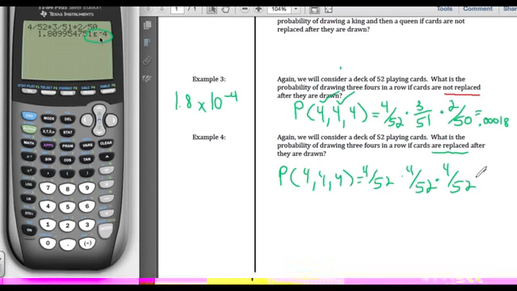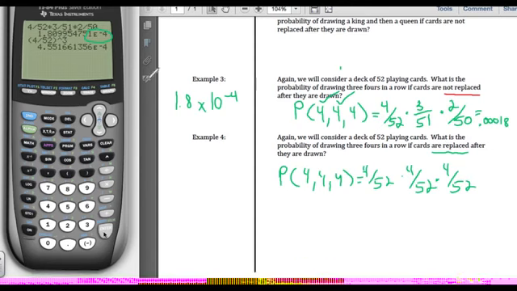You're always putting that 4 back. There are always 52 cards in the deck. There are always 4 4s. You could use this caret key. You could make this exponential in your calculator. You could say, well, this is 4 out of 52 raised to the 3rd power.